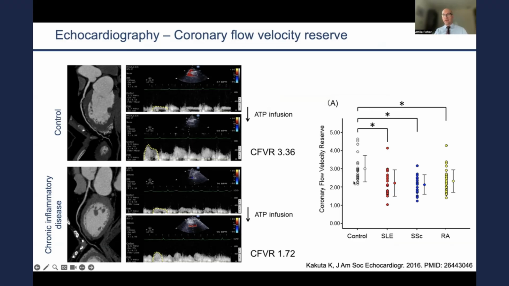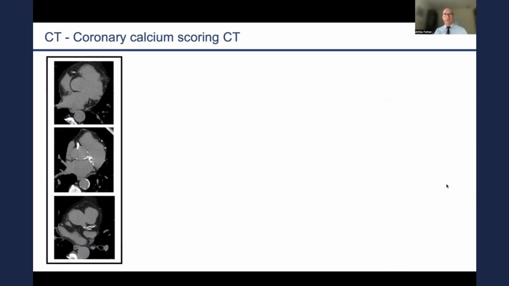And this paper nicely showed that patients with lupus, systemic sclerosis, or RA have reduced coronary flow velocity reserve. However, again, this is very angle dependent. You have to have an expert sonographer or an expert who knows how to get the LAD always in the same angle. So it's not trivial to perform. However, it can be useful. Not available in all centers.